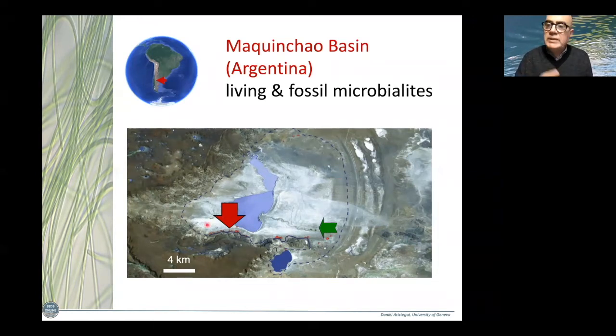And what we were interested in is that all that you see here, I hope you see these little points in red, are outcrops of microbialites. And what you see here in the green, with the green arrow, is places where today we have living microbialites. So again, we have living and fossil examples of the same microbialites.